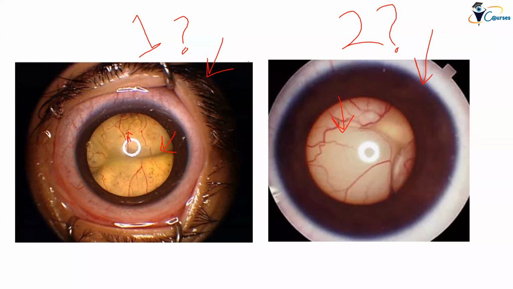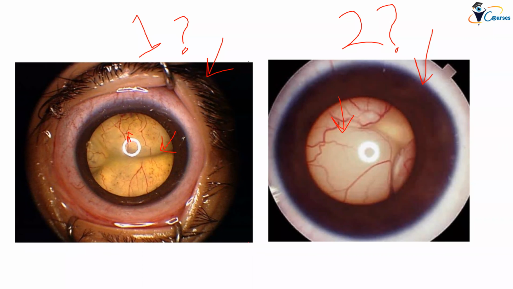The other difference is that due to the exudation in Coats disease, it will appear more yellowish. So it doesn't always have to be leukocoria. It can be xanthocoria, a yellowish red reflex, but in retinoblastoma, it's more likely to be leukocoria.